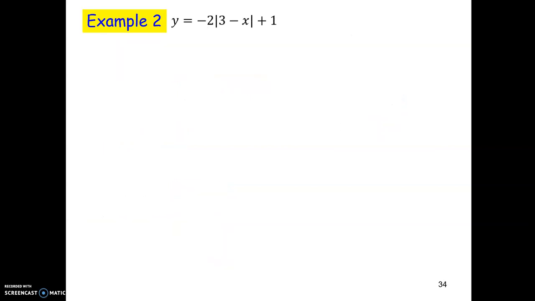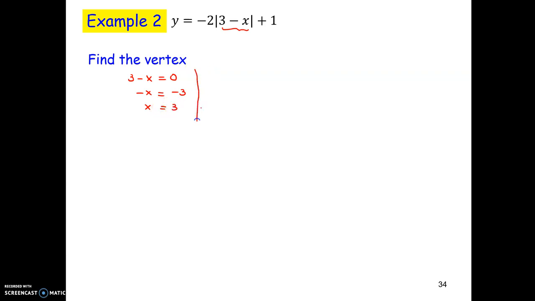So we got y equal to negative 2, the modulus of 3 minus x, plus 1. Firstly, let us calculate the vertex. Take the thing inside the modulus and let it equal to 0. So negative x equal to negative 3. x should be equal to 3.